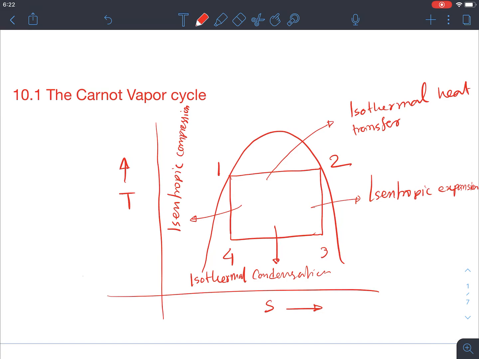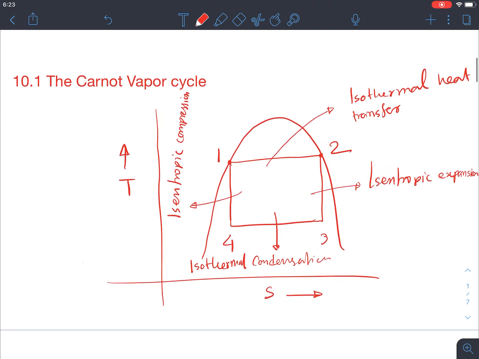Really, the limitation is, let's look at this. What are the limitations? If we take a look at process 1 to 2, which is the heat addition, it should be isothermal. However, it is very difficult to achieve process 1 to 2 in isothermal condition, basically adding the heat to the system.